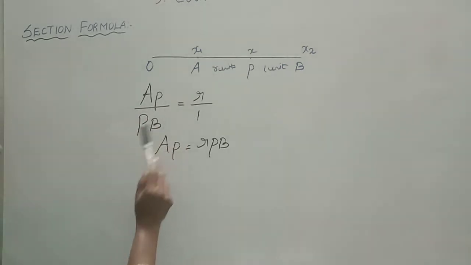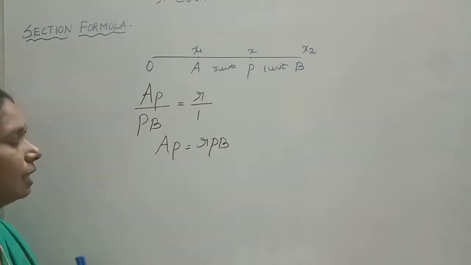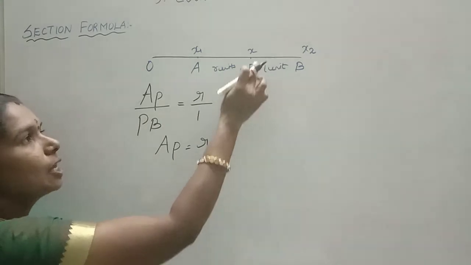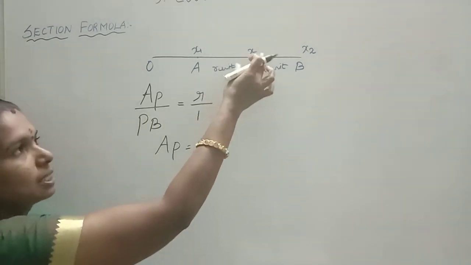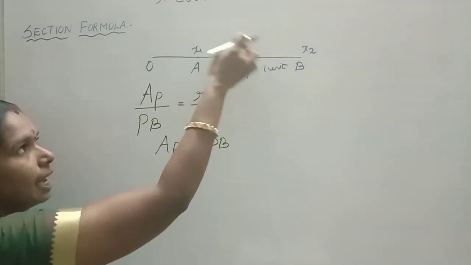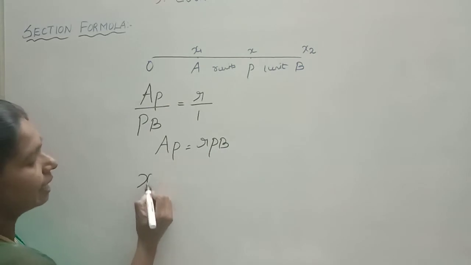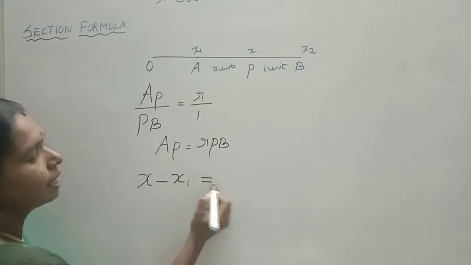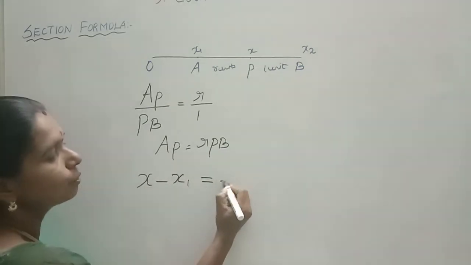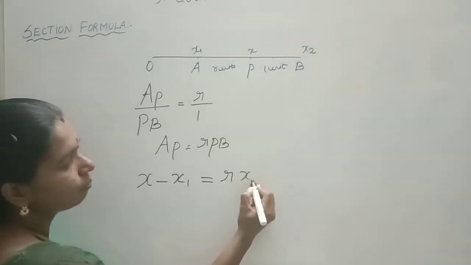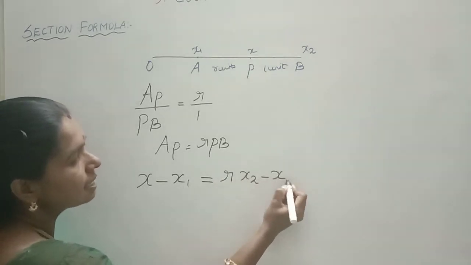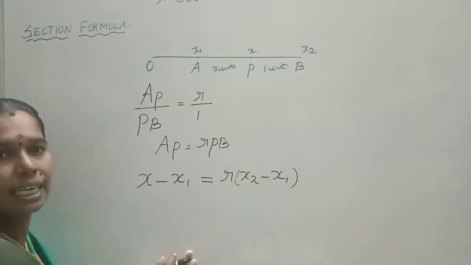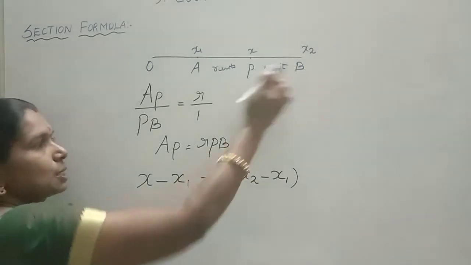Now, AP equal to r of BP. For AP, I am going to use the distance formula. The distance of AP is x minus x1, which is equal to r into x2 minus x. Understand?